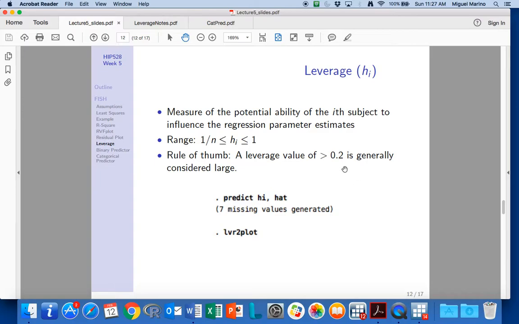If you see a value greater than 0.2, that tells you some observation, some subject or a couple of subjects, are really influencing the regression slope, so you probably have to consider some sort of sensitivity analysis to make sure it's not biasing the result away from saying there is no effect, or the other way. Basically, you want to make sure that your interpretations are valid.